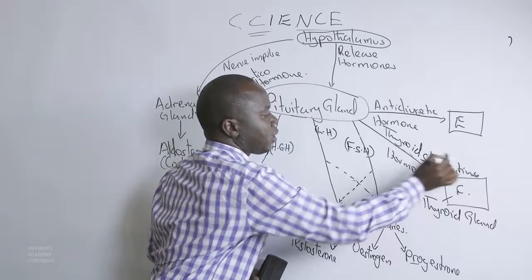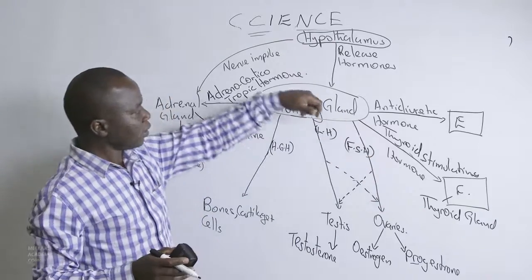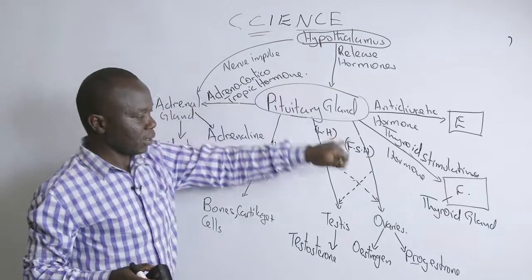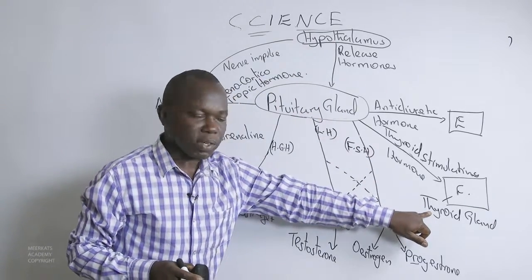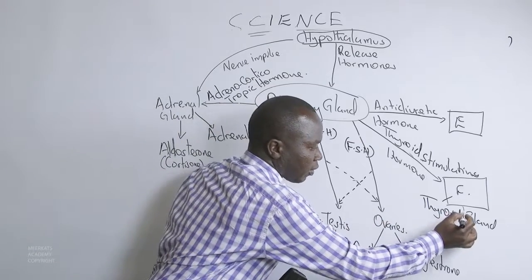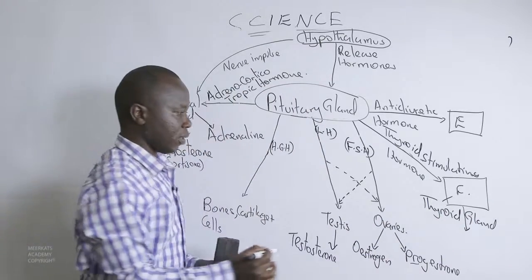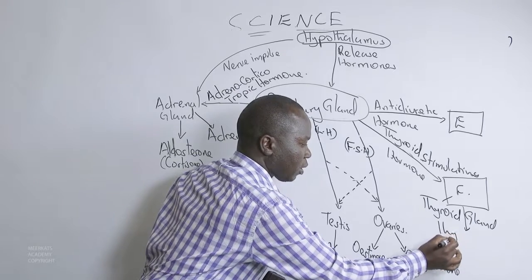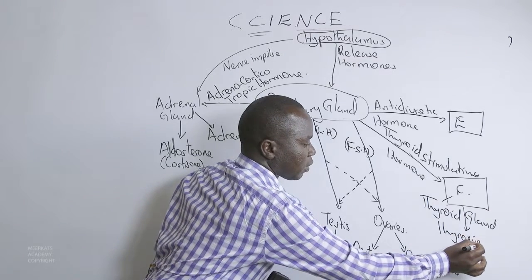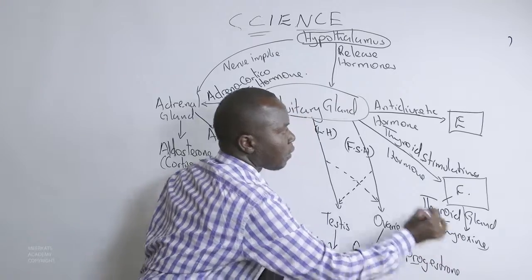So here is supposed to be thyroid stimulating hormone. It's the one that's secreted by pituitary gland, which will act on thyroid gland. And then now thyroid gland will secrete a hormone. That hormone is called thyroxine.